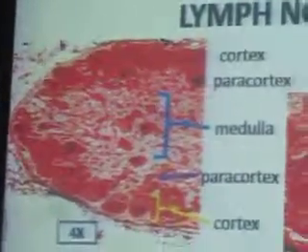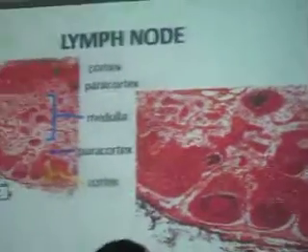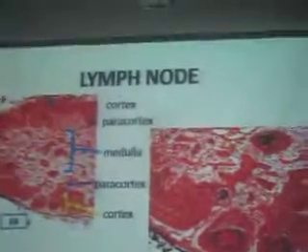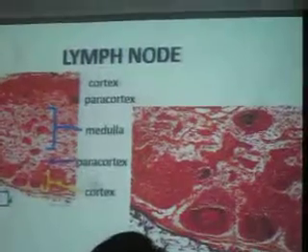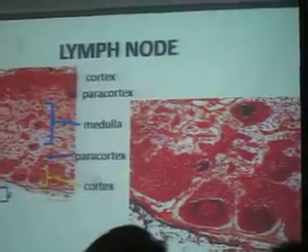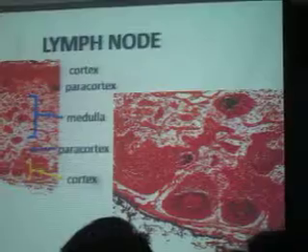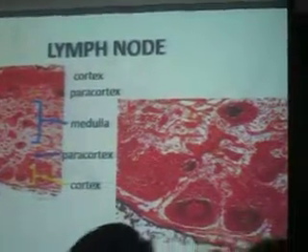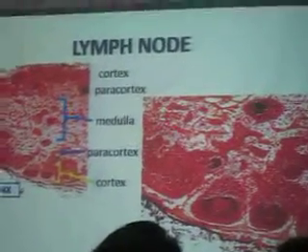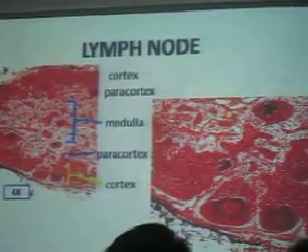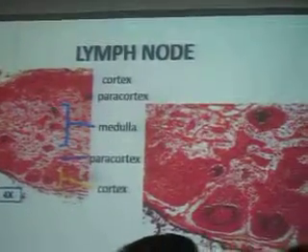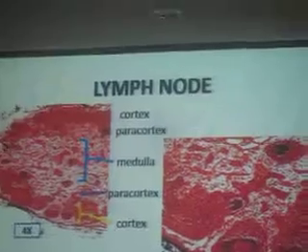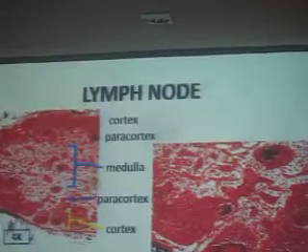And then for higher magnification, given a lymph node, it is ovoid. One side is convex, the other side is concave. It is on the concave part where you'll have your efferent lymphatic vessels, the ones that will get out. On the convex portion will enter the numerous afferent lymphatic vessels. So you'll have here the afferent lymphatic vessel.